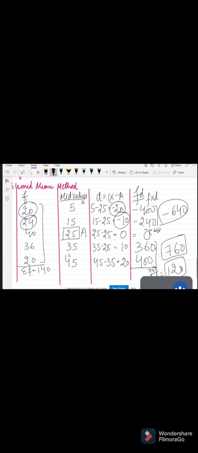So calculate the mean. What is the formula of mean? Assumed mean plus sigma FD divided by total of frequency. I am assuming here 25 plus 120 divided by 140.